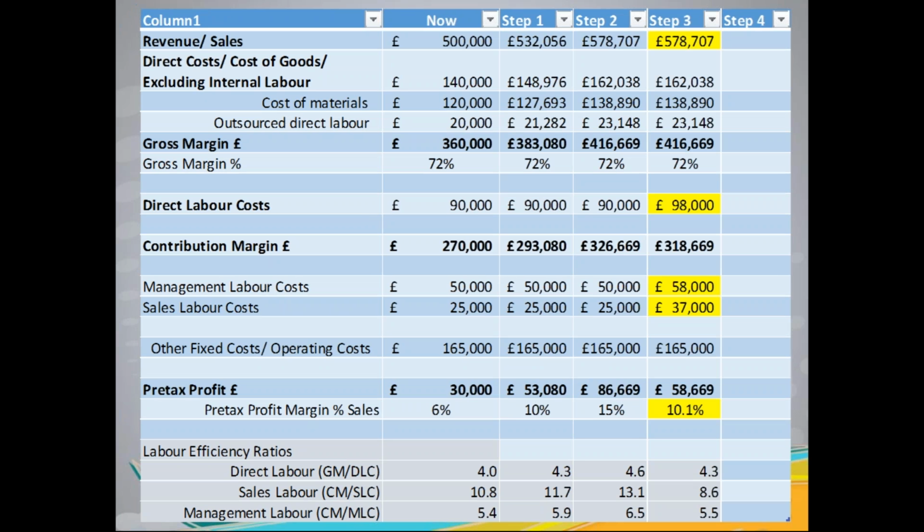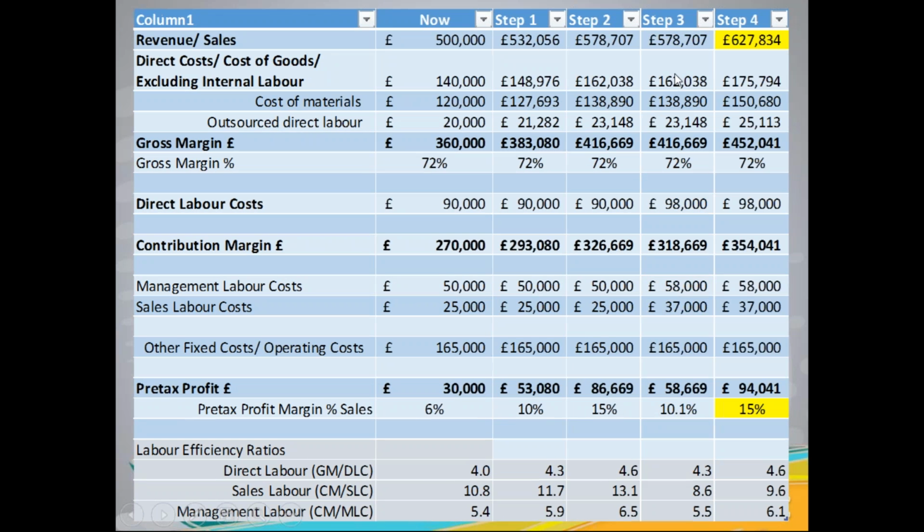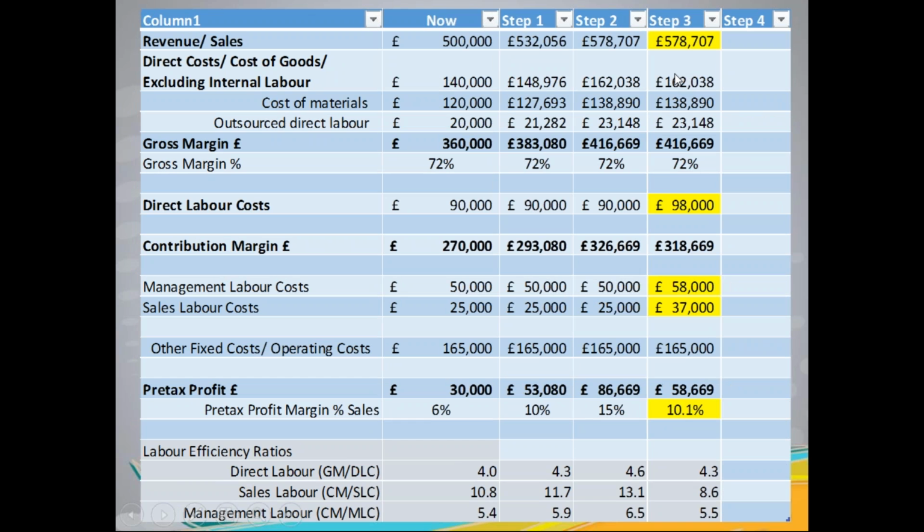We don't do loads of it to the point where we've gone below 10%, because remember, we want to go up to 15 and back to 10 ideally is what we're trying to do. So I've just highlighted a few figures here, and we've added a few costs across the 3 labour areas, and our pre-tax profit has gone back to 10%, and our ratios have correspondingly changed as well.